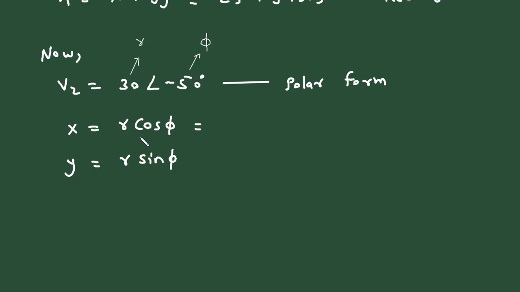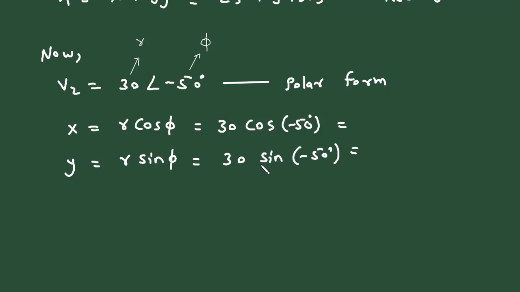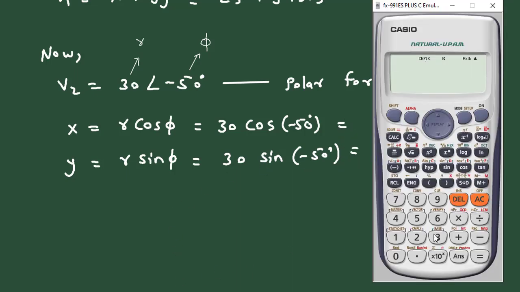So, if we solve this, we get r cos phi, that is 30 cos of minus 50 degree, and again here this will be 30 sin of minus 50 degree. So if we solve this, 30 cos minus 50 degree is 19.28.